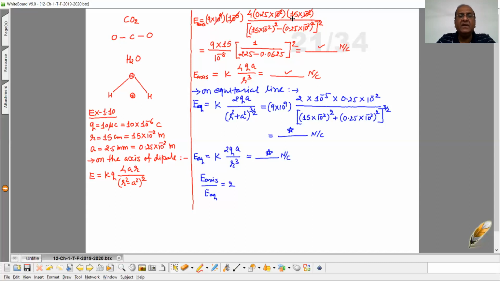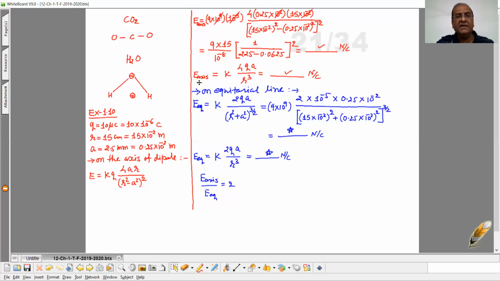Then 4A is 0.25 into 10 raised to minus 2. R is 15 into 10 raised to minus 2, divided by R square minus A square, so 15 into 10 raised to minus 2 whole square minus 0.25 into 10 raised to minus 2 whole square, and square of the entire thing. Then solve, you will get the answer.